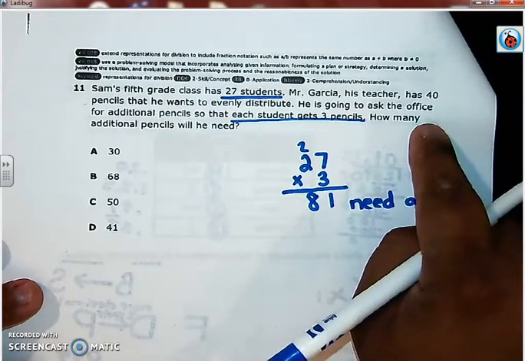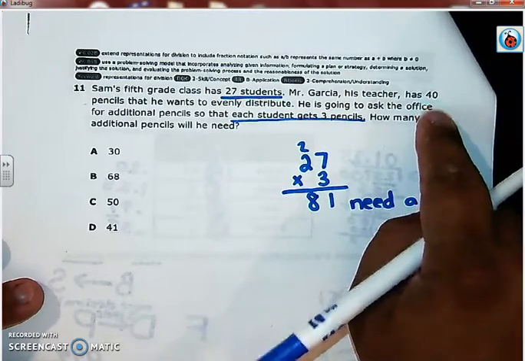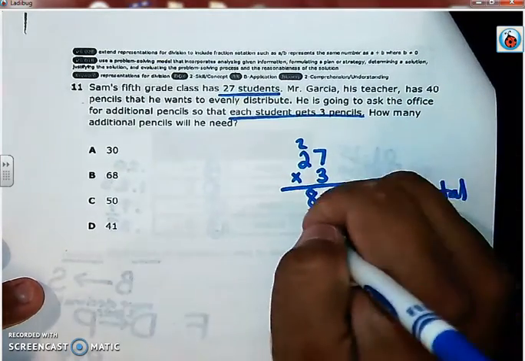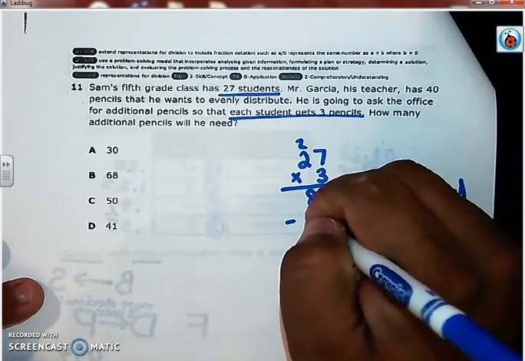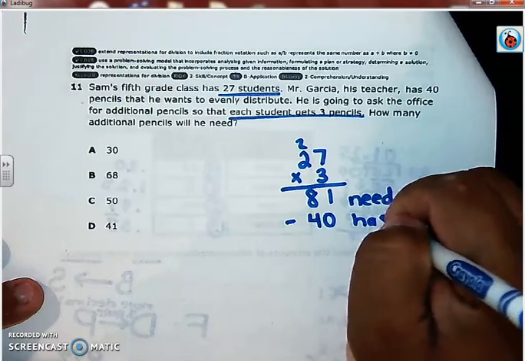He already has some of them. He has 40 of them already. So let's see how much he's going to need after those 40 come out of the 81. 40 is what he already has.